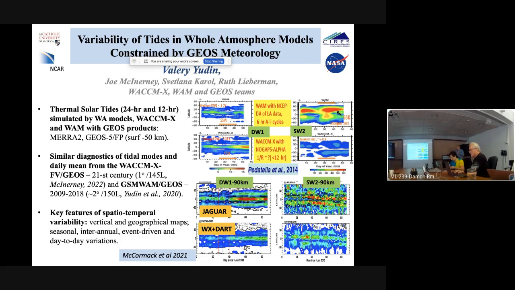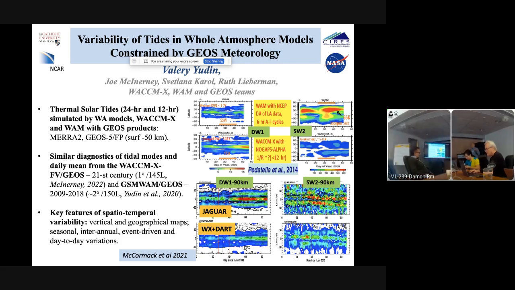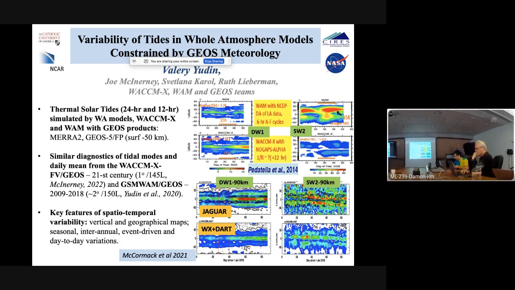The reason I'm talking here today is to give you an overview of the agreement or disagreement with observational data that we have in the whole atmosphere models, WAM and WACCM-X. All the simulations are so-called specified dynamics, or specified meteorology.